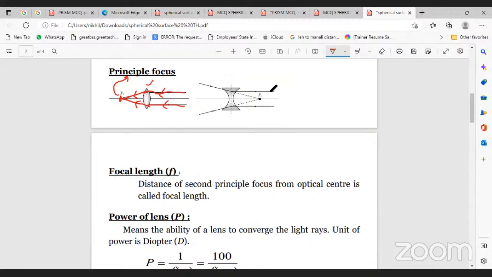But in the case of a concave lens, whenever the ray of light is incident like this, the ray is refracted like this. If you produce this refracted ray backward, you see that the rays are diverging from this particular point. What is this particular point called, Ajay?